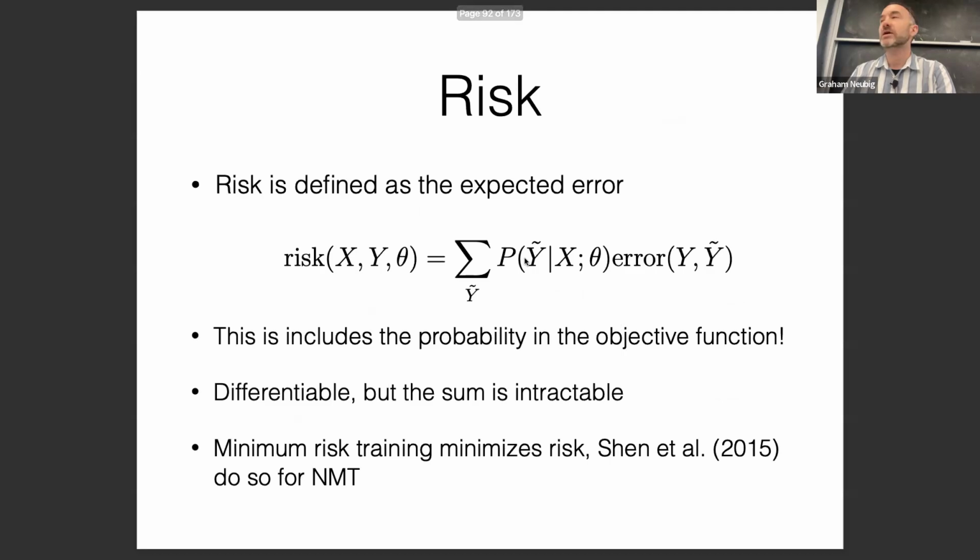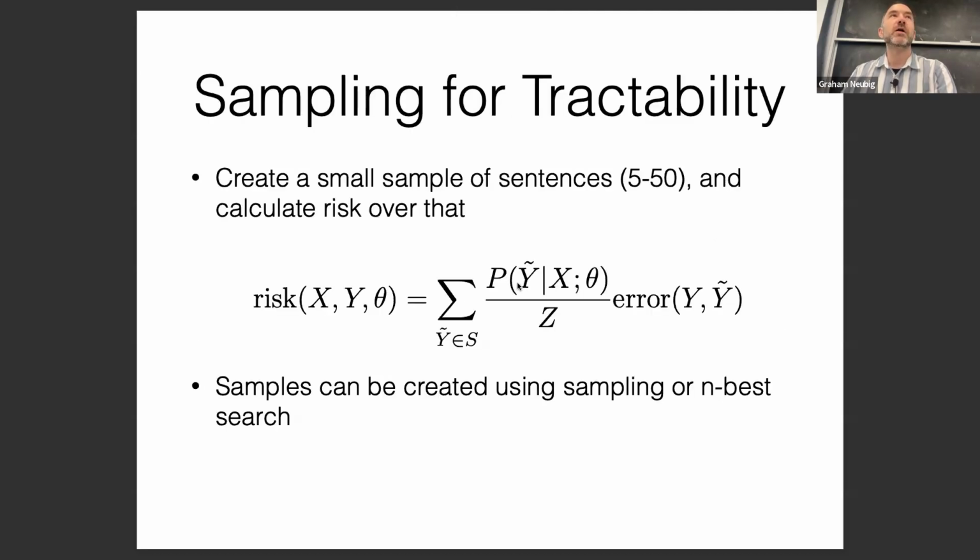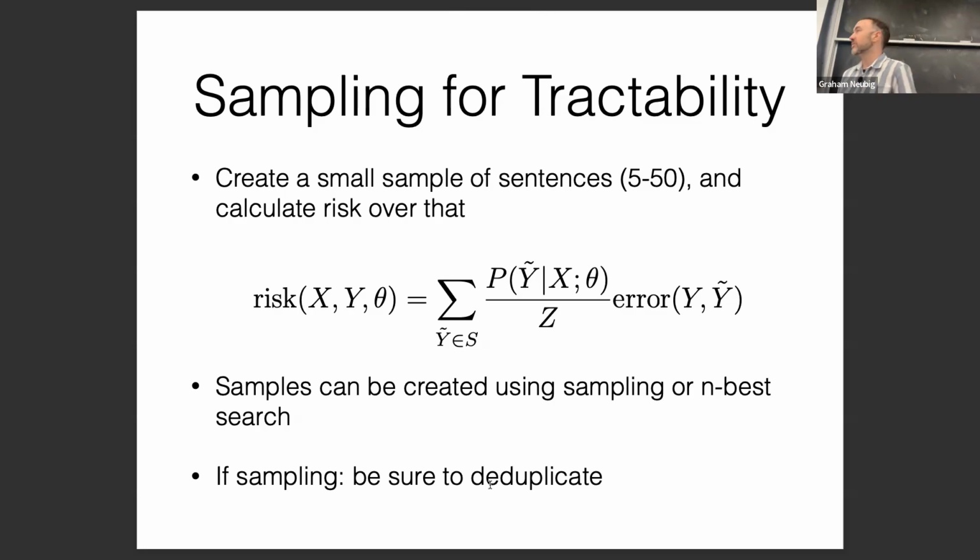We actually would want to calculate this risk, but instead, we're subsampling a smaller set and renormalizing so that everything adds up to 1. These samples can be created using sampling or n-best search. And if we're sampling, we want to make sure that we don't have any duplicate samples here. So we would be sampling without replacement and getting unique samples according to a sampling algorithm.